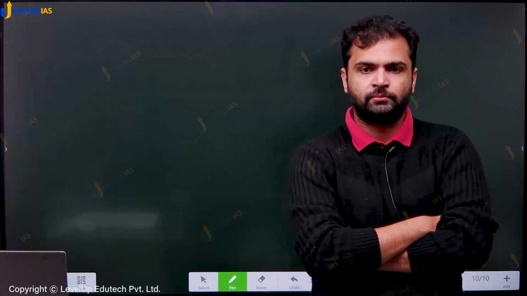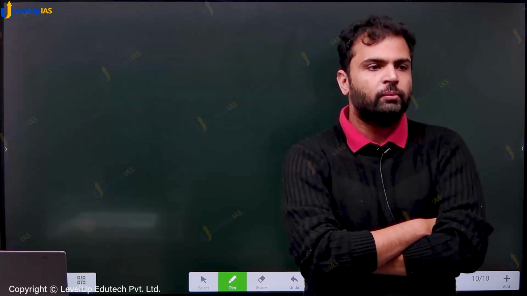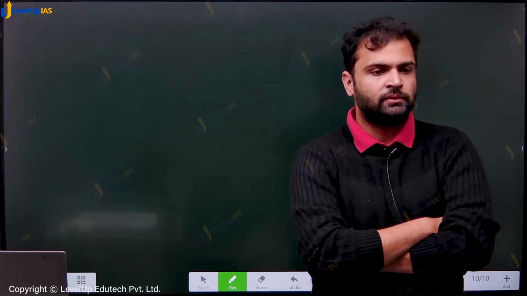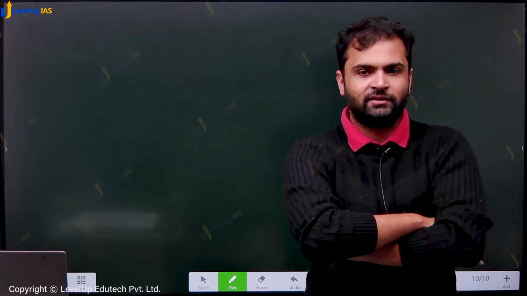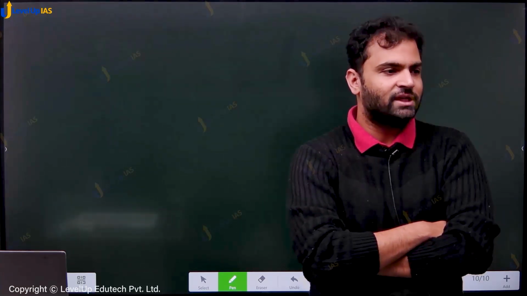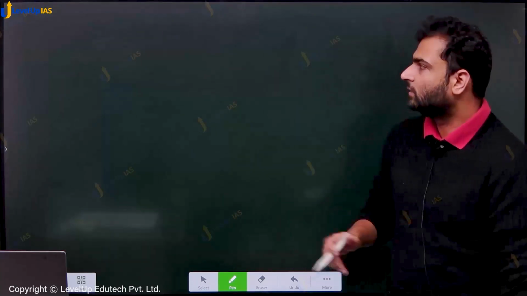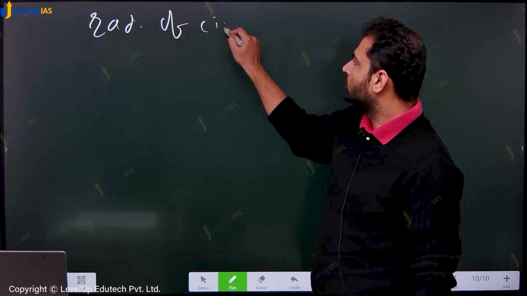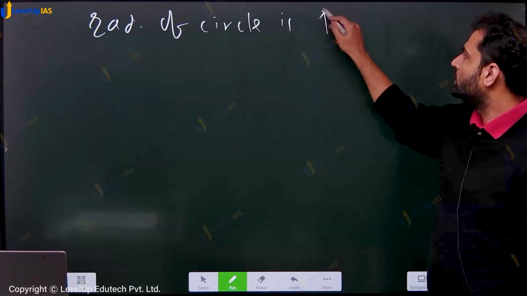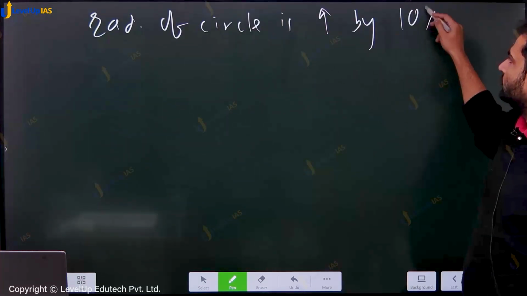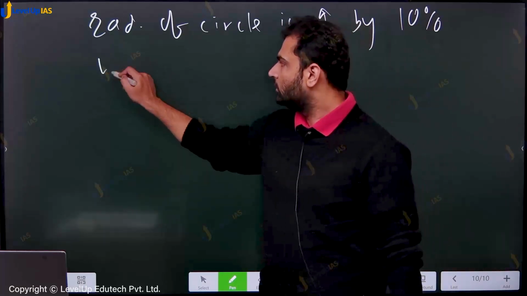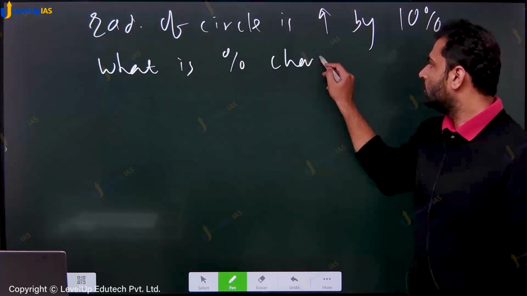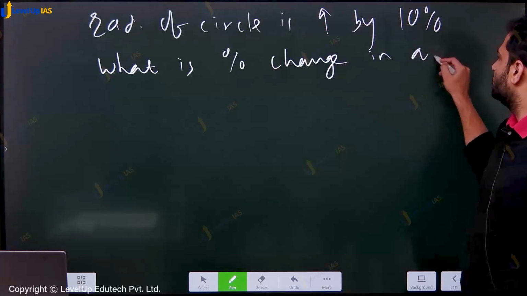The question is: the radius of a circle is increased by 10%. What is the percentage change in area?